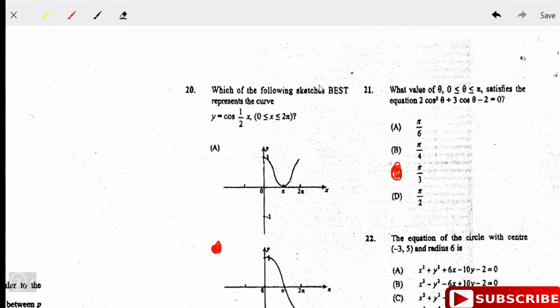So we have, just to refresh our memory, 2 cos square theta plus 3 cos theta minus 2. Was it cos cube or cos square? Cos square.